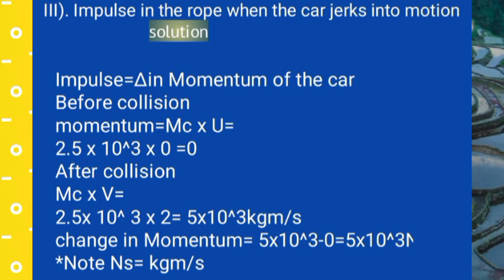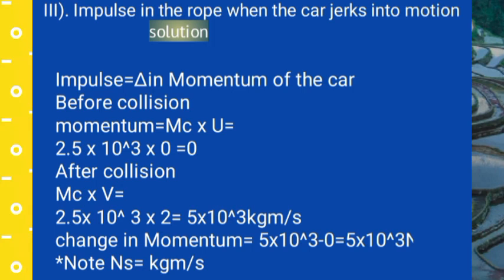That gives us 0. After collision, we have mc times final velocity. That is 2.5 times 10 raised power 3 times 2 equals 5 times 10 raised power 3 kilogram meter per second.